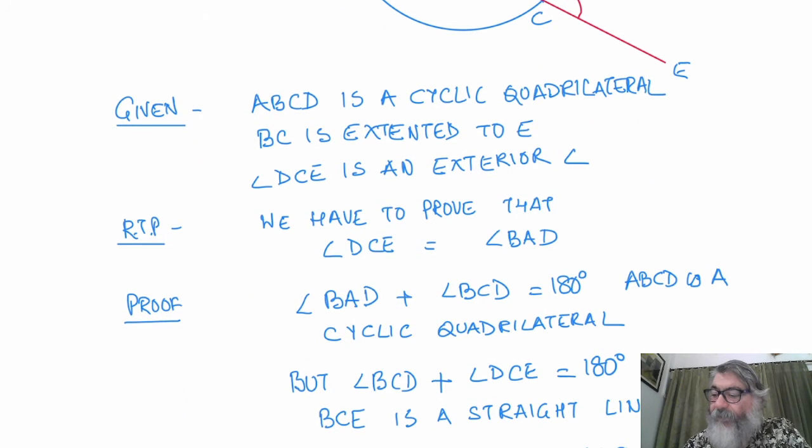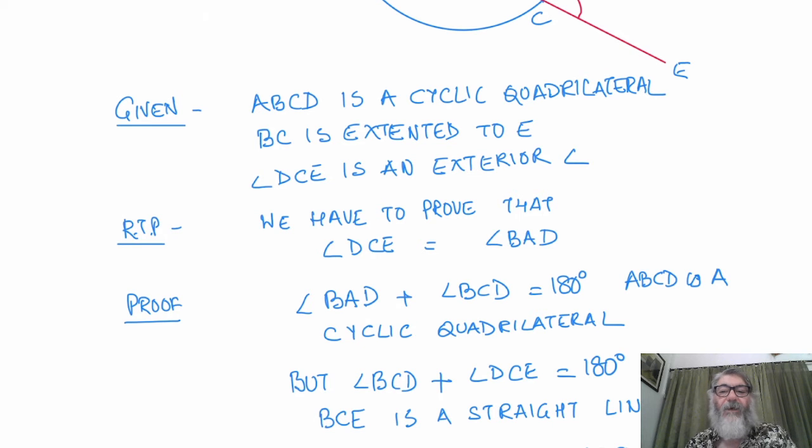We have written BAD plus BCD is equal to 180 degrees, since ABCD is a cyclic quadrilateral. Then we wrote that BCD plus DCE is 180 degrees because it is a straight line. Since the sum of both pairs of angles is coming out to be 180 degrees, these pairs of angles should be equal to each other.